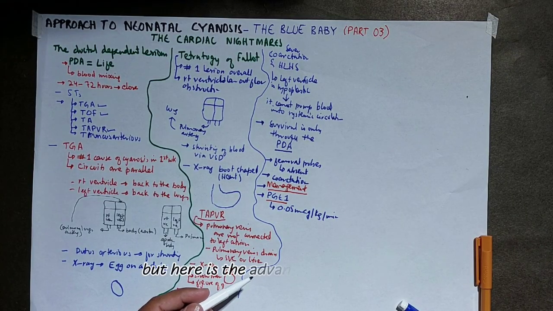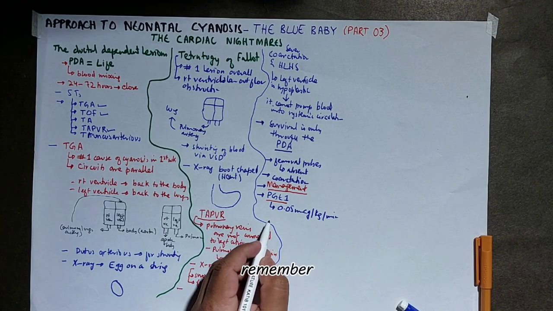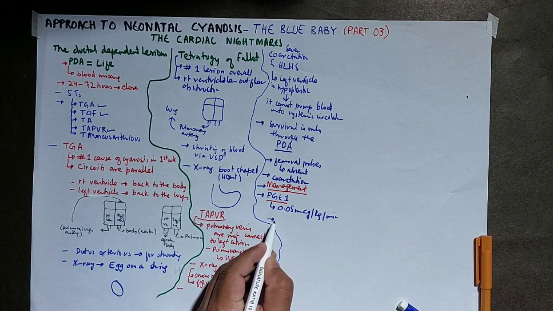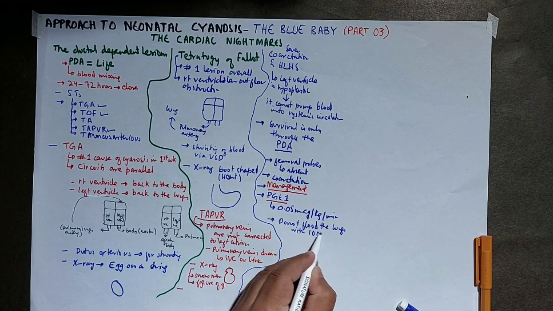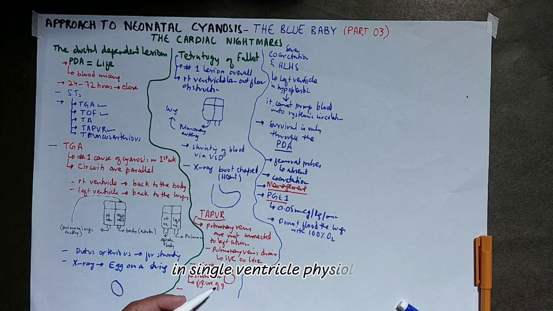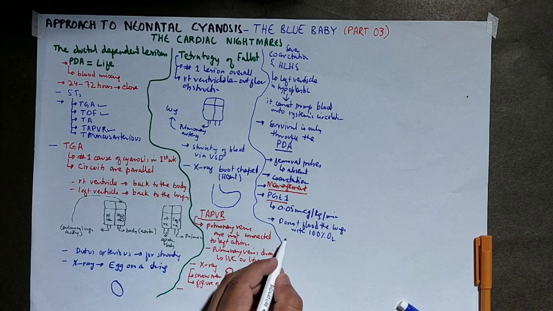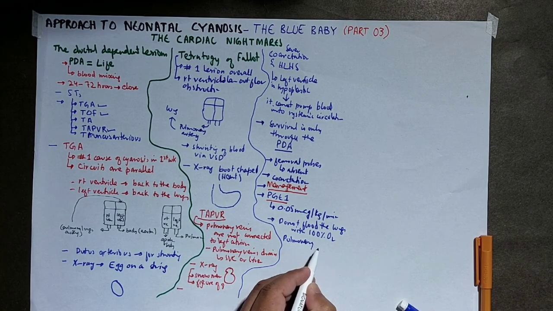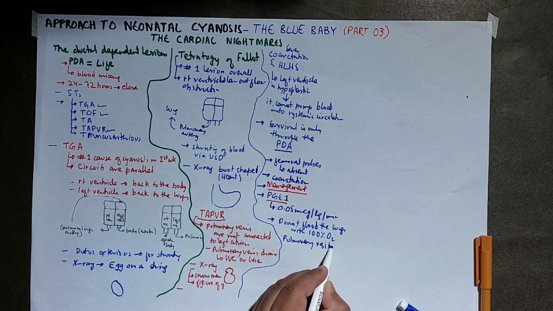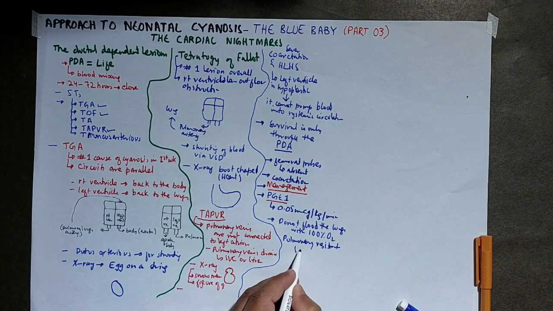But here is the advanced NICU concept that saves lives. Remember, do not flood the lungs with 100% oxygen. In single ventricular physiology, blood flows to the path of least resistance, and we know pulmonary resistance is low and systemic resistance is high.